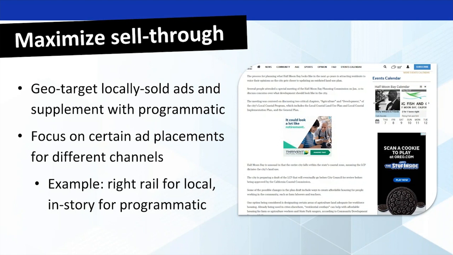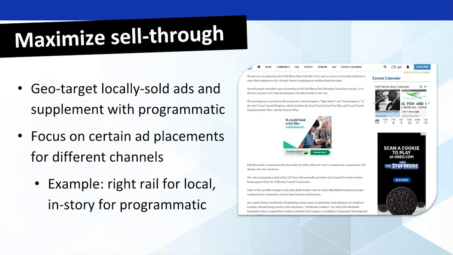Another option is to focus on certain ad placements for the different channels. The best example I could come up with is maybe a desktop right rail for your local advertisers and in-story ads for programmatic. It's not a great example, but the idea is, how do I put it? I was talking about this presentation to a friend, and she said, well, Patty, remember, all impressions are valuable.